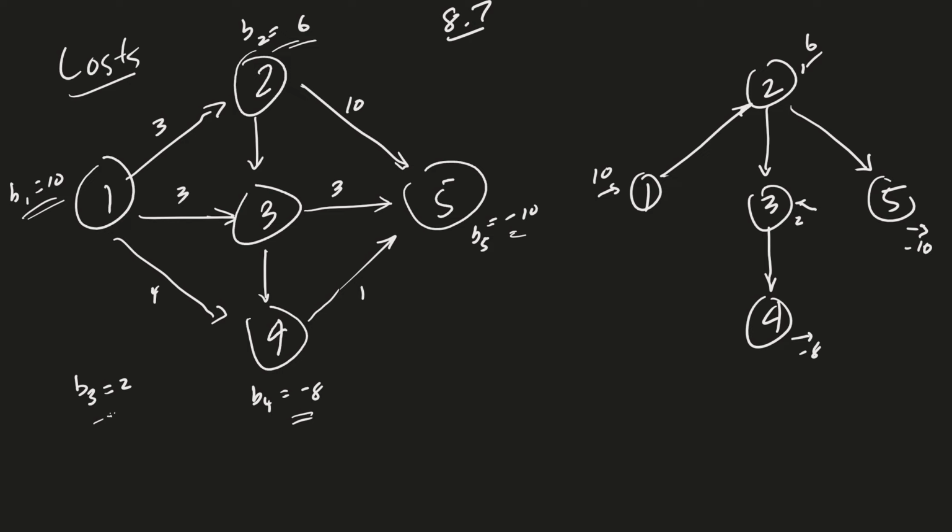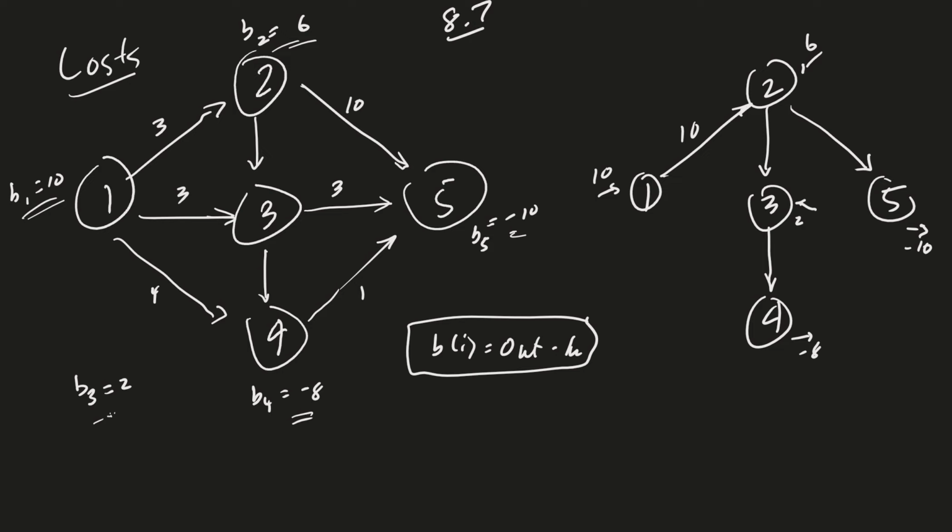Okay, can we figure out what the flow is on the spanning tree? Well, the formula that we could use is that the b_i is equal to the outflow minus the inflow. Okay, so in this case, we just have the one outflow for node 1, so that must be 10. Then over here at node 2, we have 10 in and 6 in, and so that's 16.